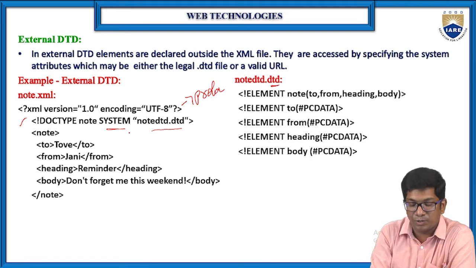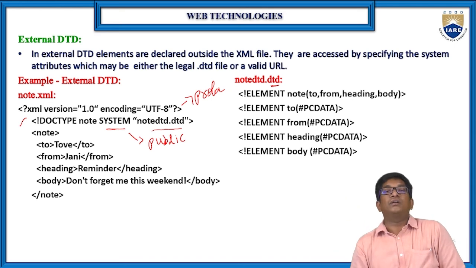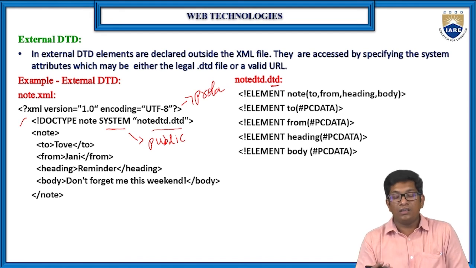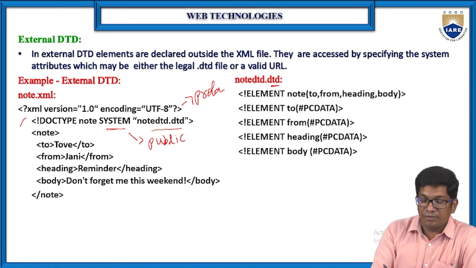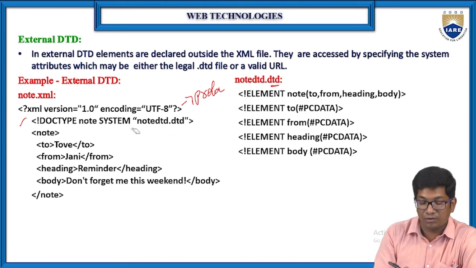That is SYSTEM. Suppose you write PUBLIC here, then it represents that the external DTD is external, on the internet. You have to specify the URL. If you write PUBLIC instead of SYSTEM, you have to search the internet for this DTD file. Okay.